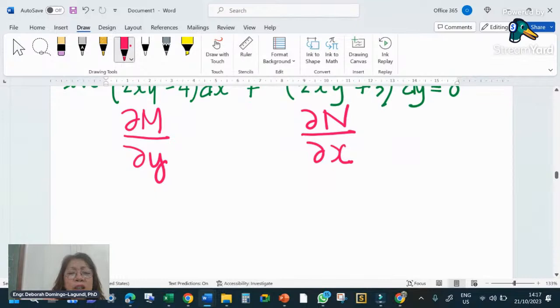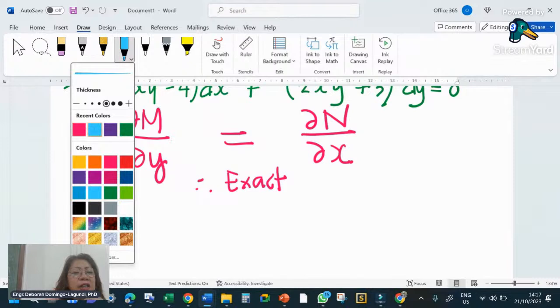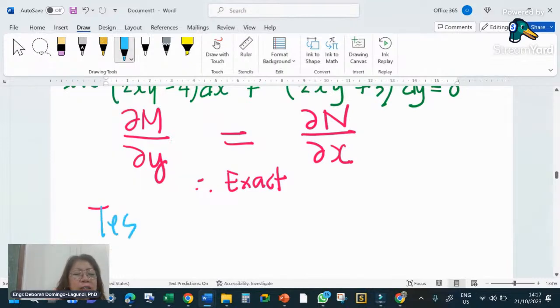Now, what we're gonna do, we have to compare these two. If they are equal, then you say they are exact. So the first thing you have to do here is to test for exactness. Test for exactness.